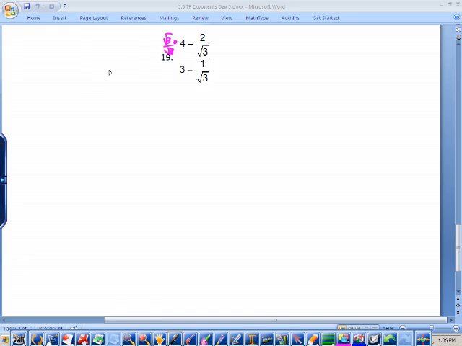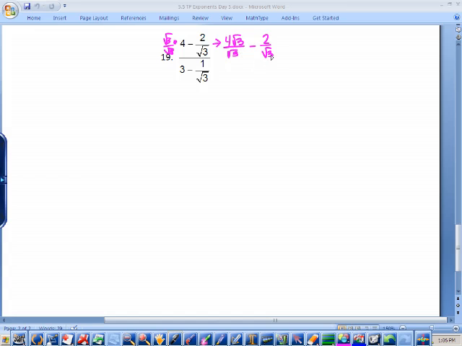Yeah, I'm just multiplying by a weird version of 1. So this numerator becomes 4 root 3 over root 3 minus 2 over root 3.